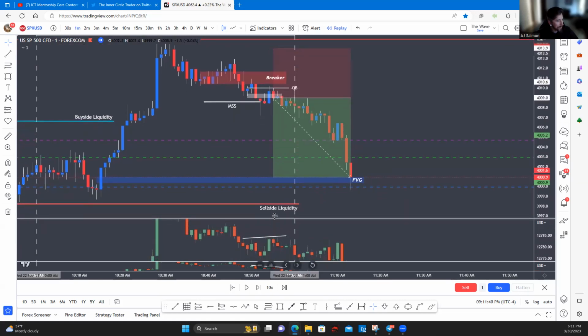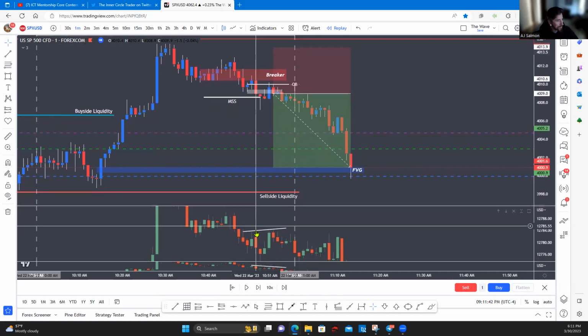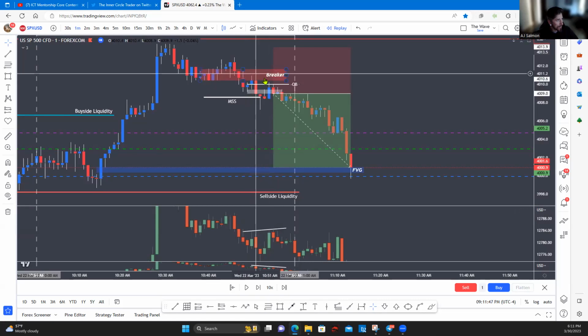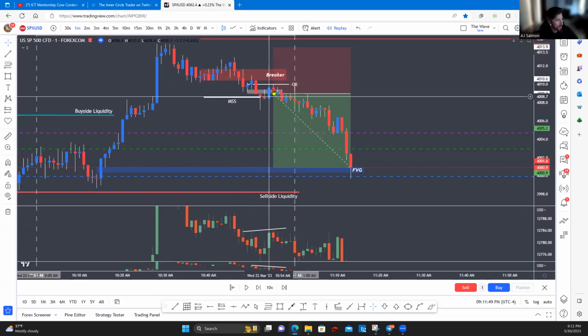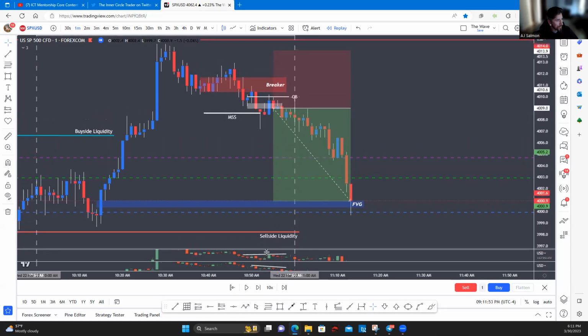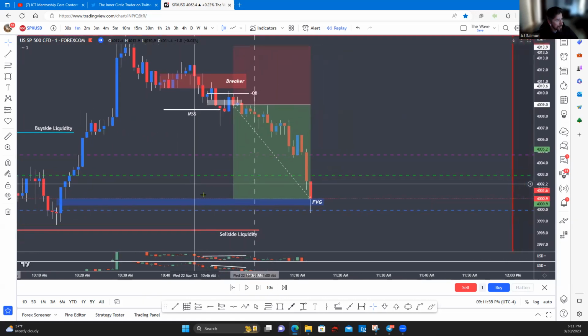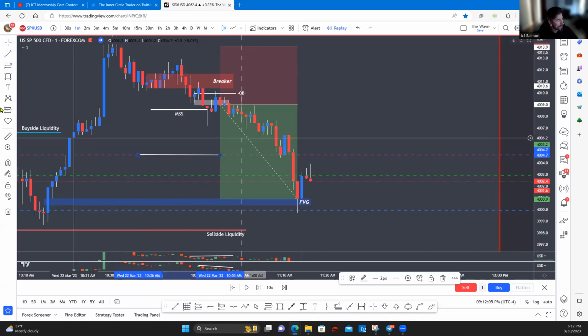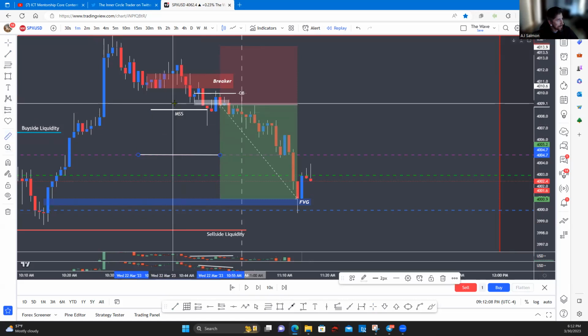Like I was saying, you see here on NAS, we had a divergence where this created a higher high. We have lower lows here, suggesting that S&P is weak, giving added confirmation. Now, if you wanted to hold, you could go break even at 5 points here at the midnight open.